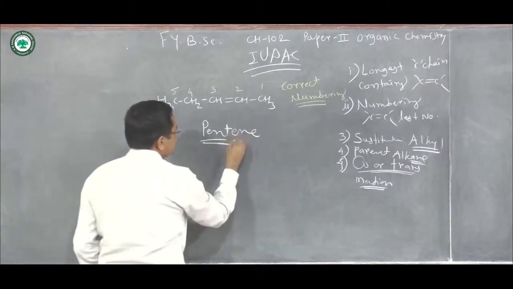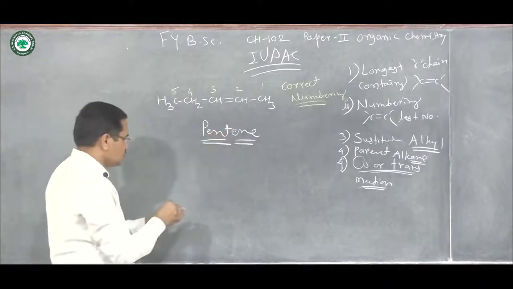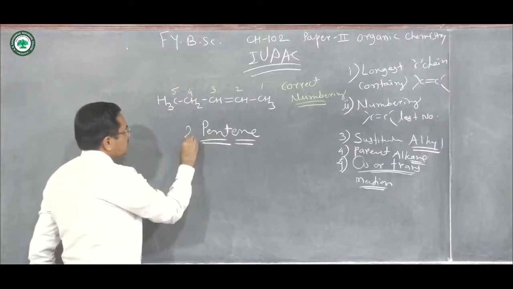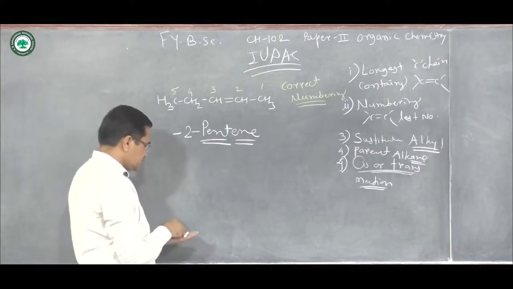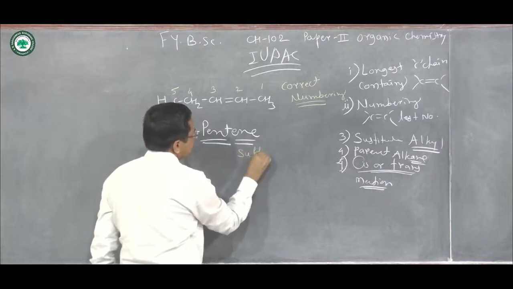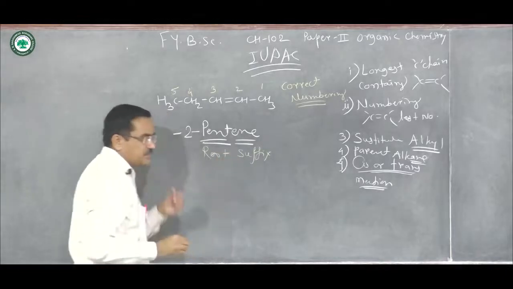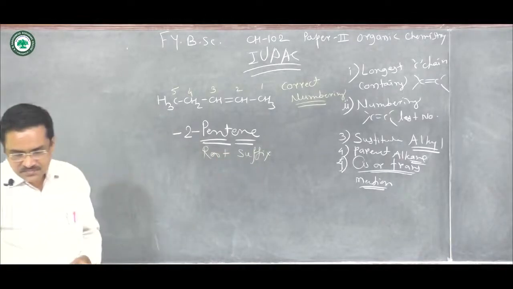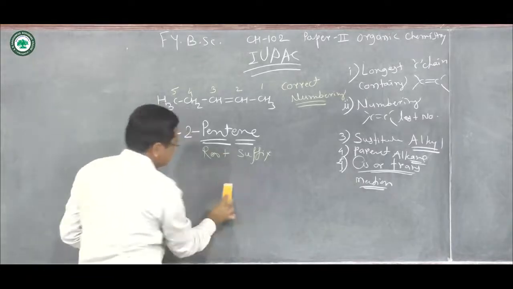Suffix is here ene, and double bond is present after 2, so here 2-pentene. Now in this case this is suffix and this is root. Now we will see one more example here.